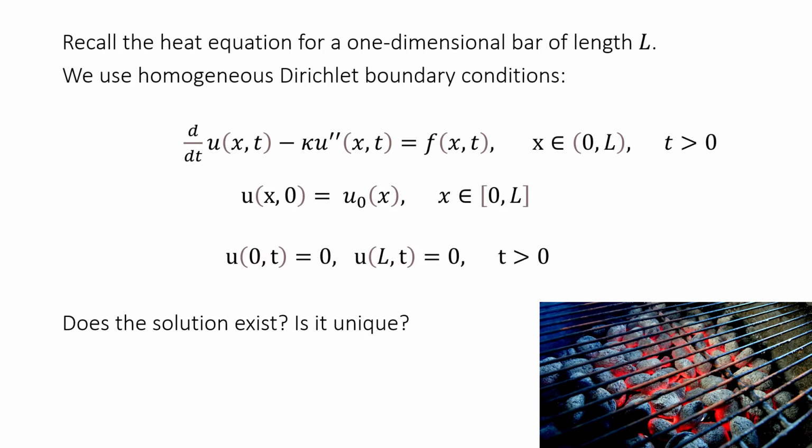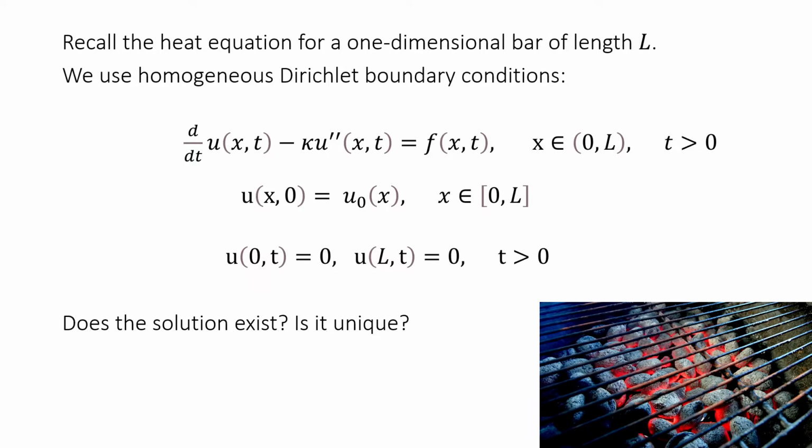And we have that the time derivative of u, d over dt u(x,t), minus kappa u'' (x,t), where u'' denotes the second derivative in space, equals f(x,t). And that is true for all x in between 0 and L, and for all positive times t. That is the partial differential equation we want to solve.